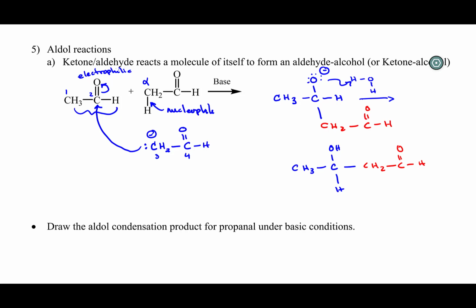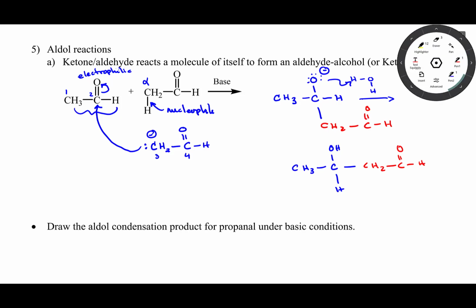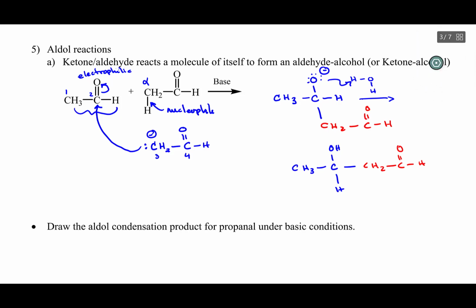Now, this product is known as an aldol product. This is the aldehyde, and this is the alcohol. So putting those two words together, we have aldol, and this is known as an aldol reaction.